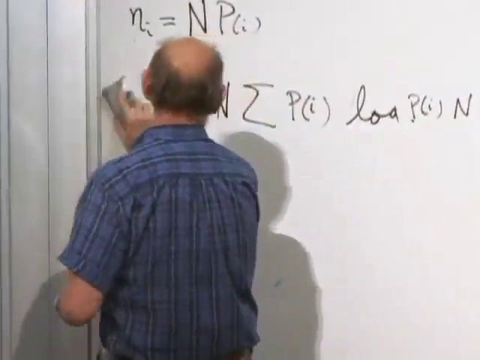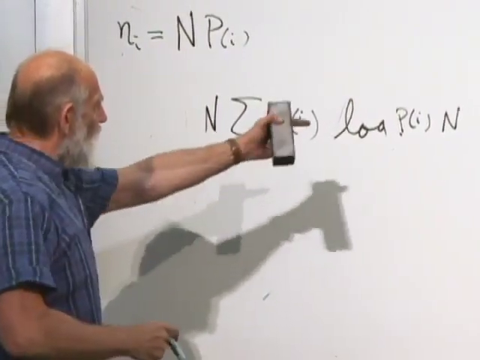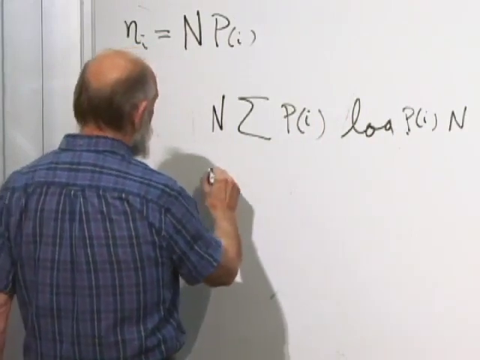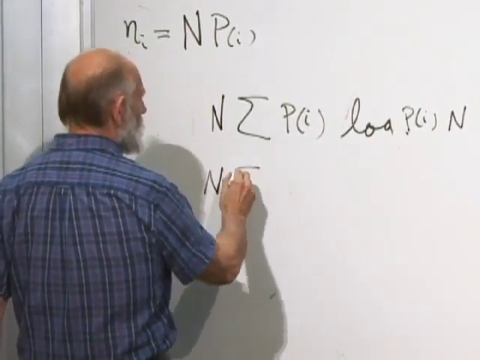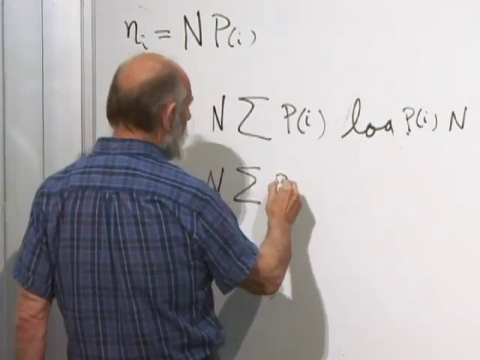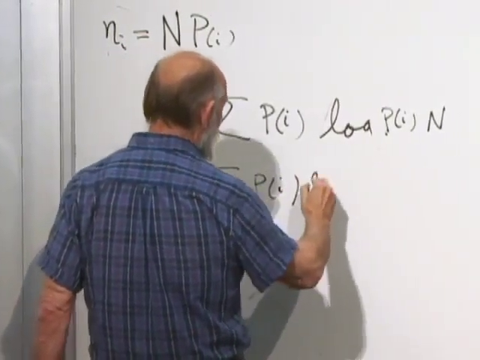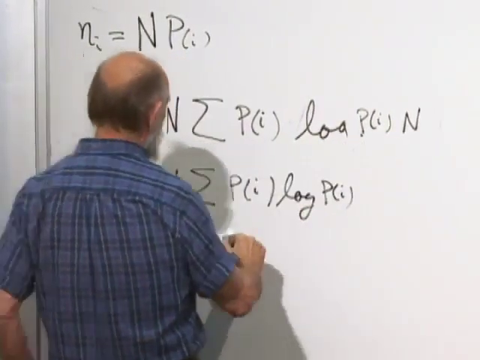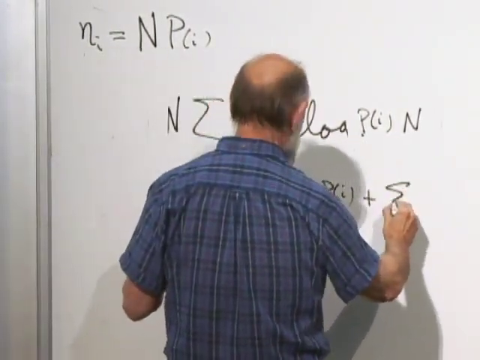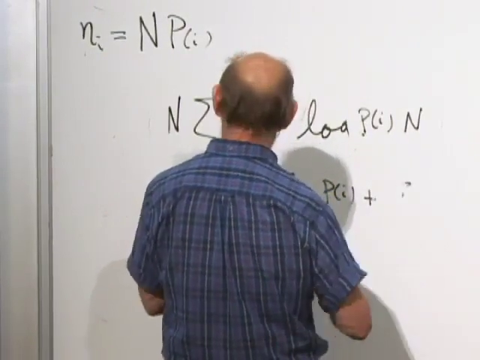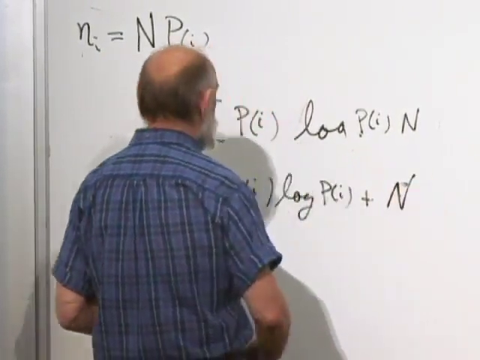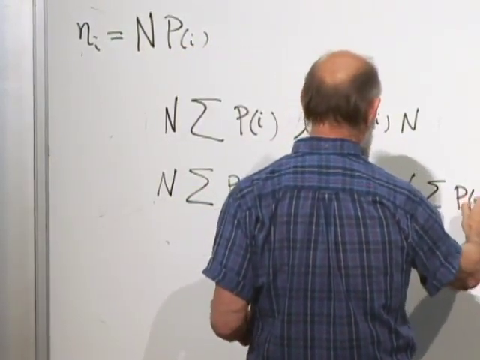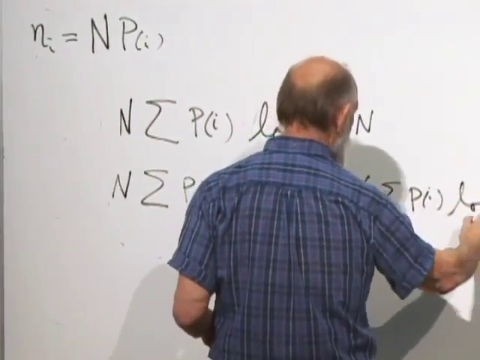Now what about this? Log of p times n is just log of p plus log of n. So this becomes n times the summation of p of i log p of i, that's the first term, and then plus n times the summation over i of p of i times log n.